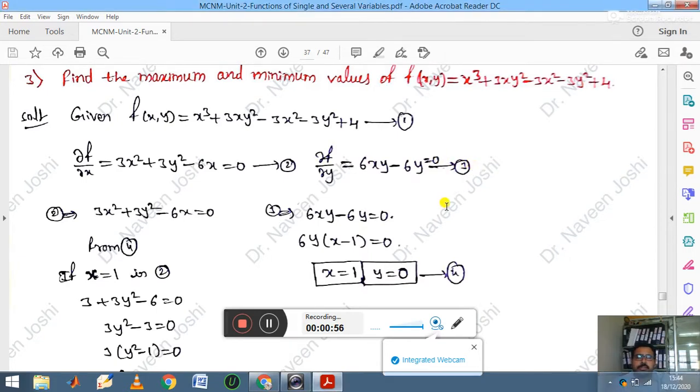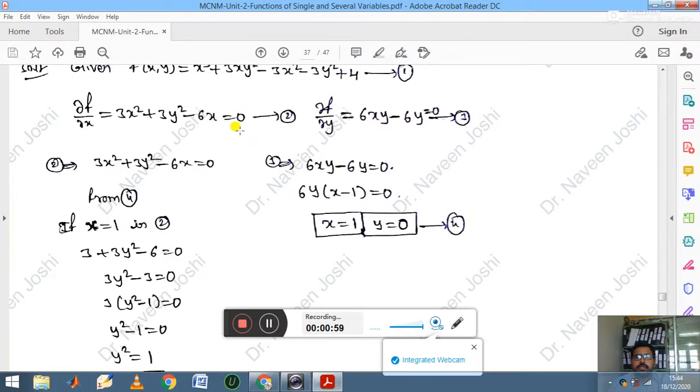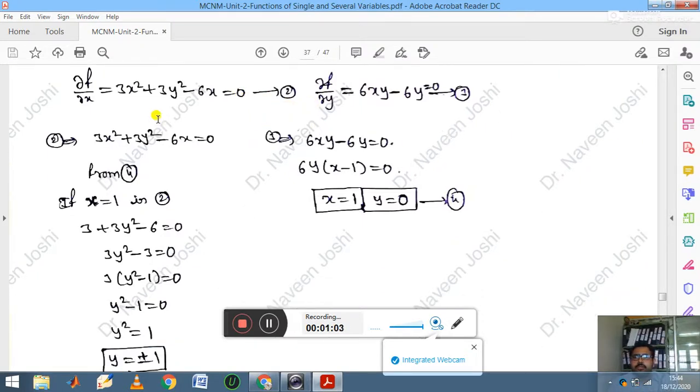Then your task is to solve equation 2 and 3 to get critical points. Equation 2 is 3x square plus 3y square minus 6 equals 0. Equation 3 is 6xy minus 6y equals 0.